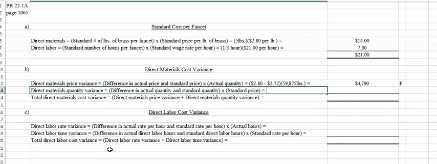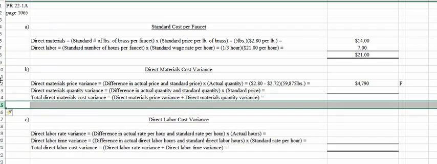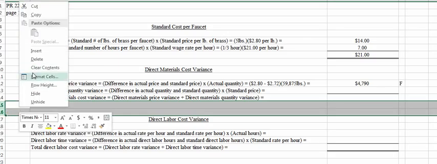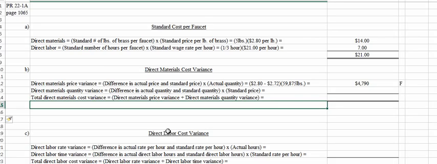Okay, next we'll do the direct materials quantity variance. Well, first we'll take the difference in the actual quantity and the standard quantity. Okay. They give us the actual quantity, 59,875 pounds.